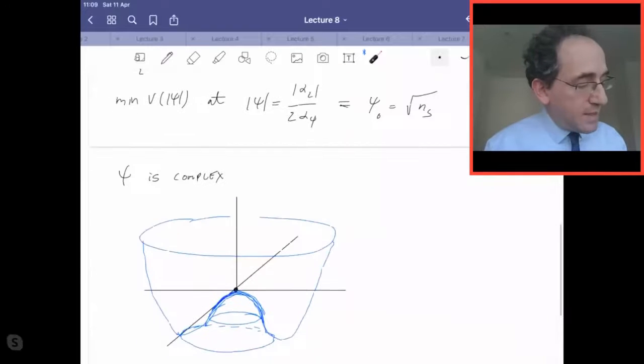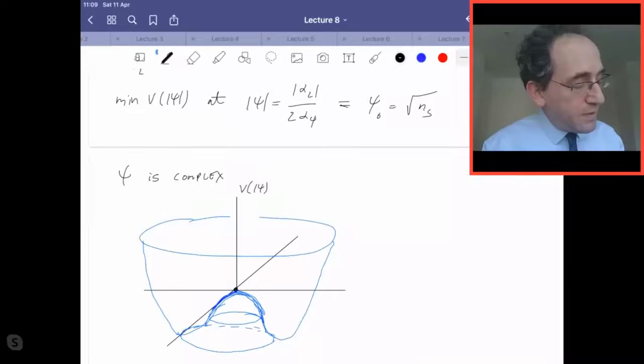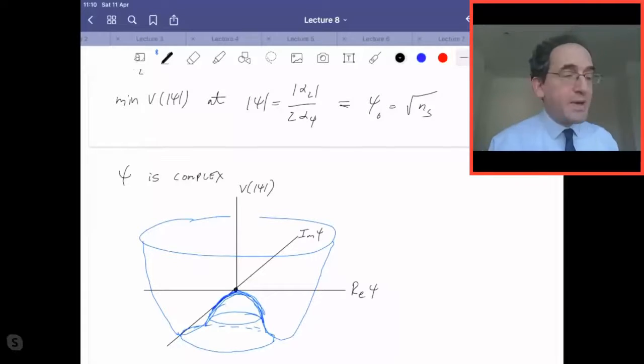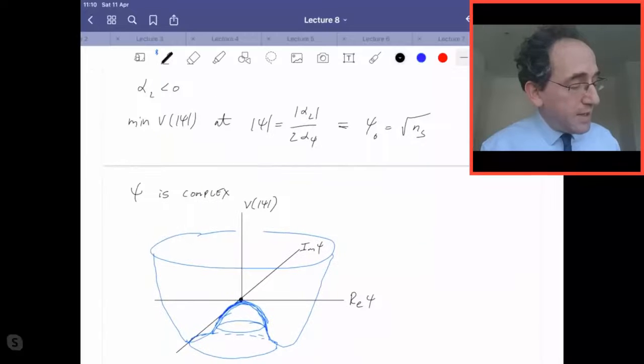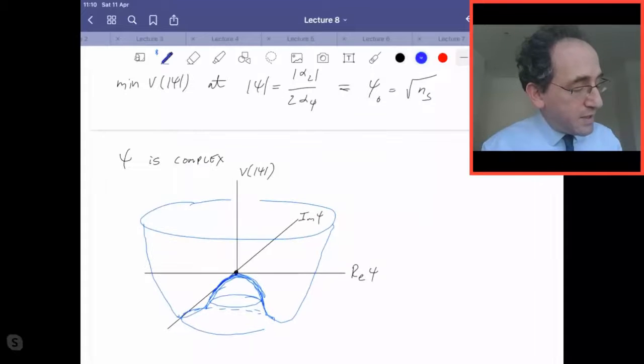So the axes here are V of psi on the vertical, and then real part of psi on this axis, and imaginary part of psi on this axis. V is only a function of the absolute value of psi, so it's rotationally symmetric, or if I had drawn it correctly, it would have been rotationally symmetric around the vertical axis.